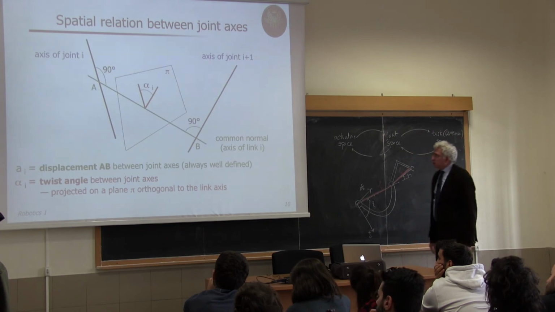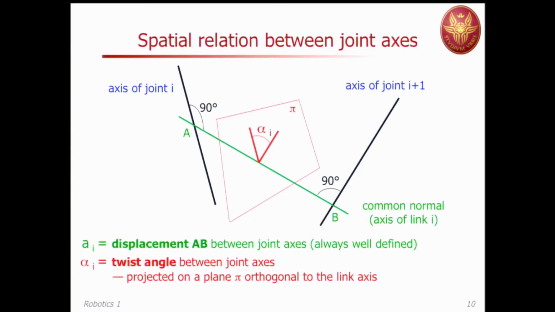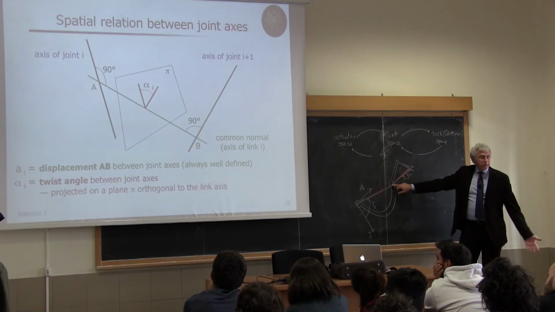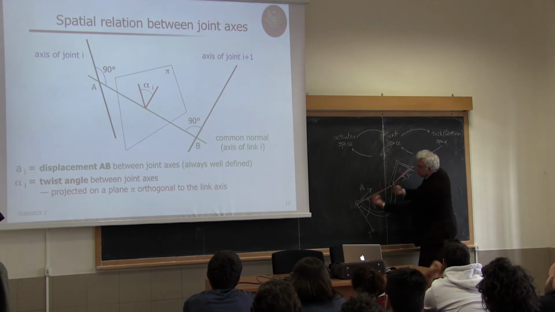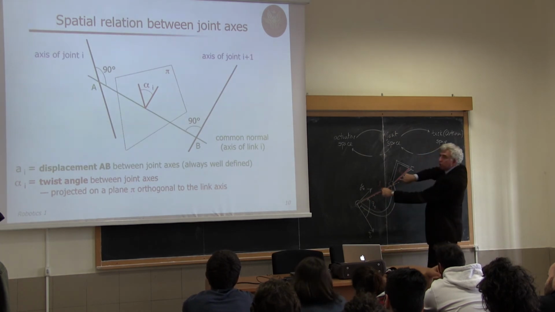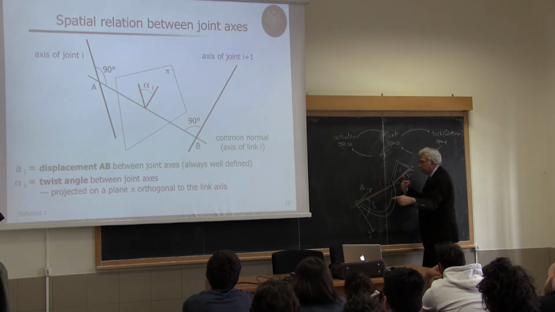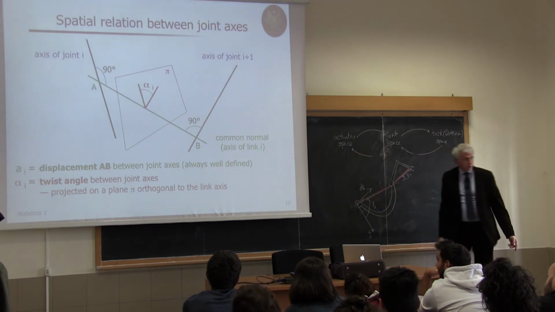So this angle is called the twist angle, twist, between joint axes. For instance, here, the twist is 0 if we are taking this direction, or if we are taking both directions, or is pi if we are taking one going in and one going out.